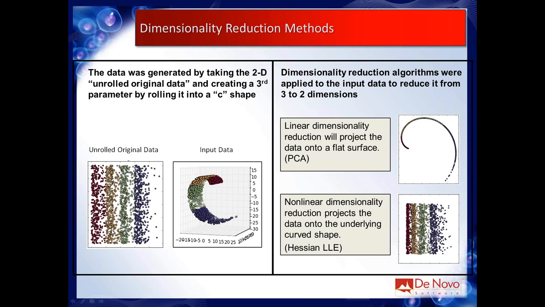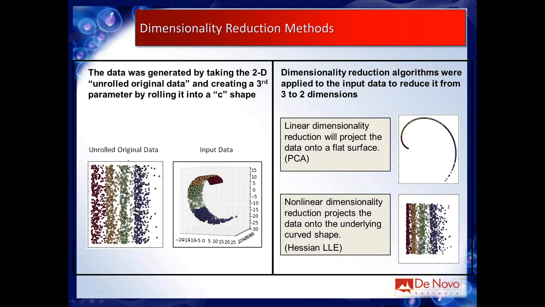It doesn't really help you see these 4 populations that are in here. But if you use a nonlinear dimensionality reduction method, it will do a closer examination of the underlying structure, which is what we also call the manifold. That's this C shape right here. And it'll try to learn the structure of the data along this curved shape.